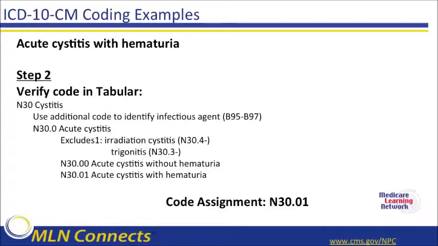Notice there is an instructional note under category N30 indicating that an additional code can be assigned to identify the infectious agent. So if the provider has documented the infectious agent causing the cystitis, you would assign an additional code to identify the organism. Sue, these are great clinical examples.